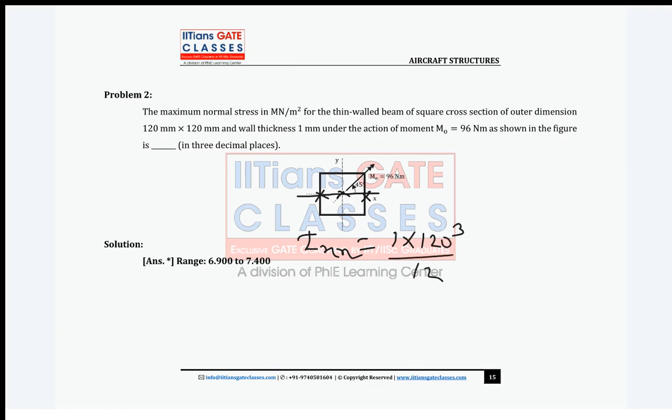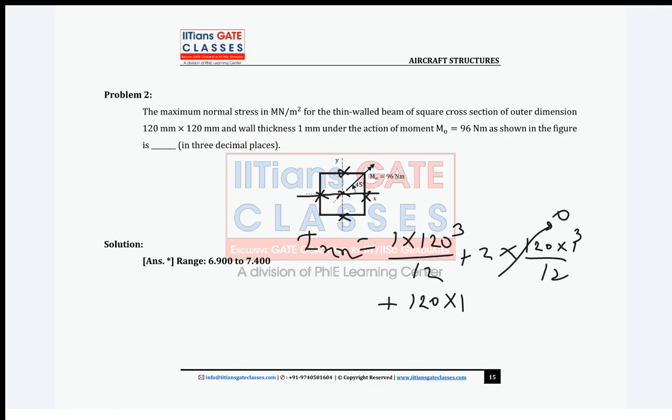Now for this and this, I can multiply by 2. About its own axis, it is 120 into 1 cube by 12. So this needs to be neglected from the analysis. Then the parallel axis theorem. What is the area? It is 120 into 1. Before that, guys, you can further do thin walled, but this thin walled assumption we are not doing, because these are outer dimensions.